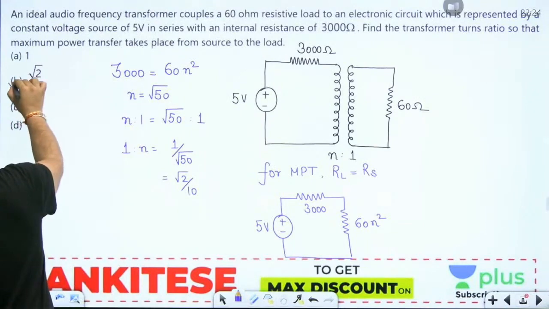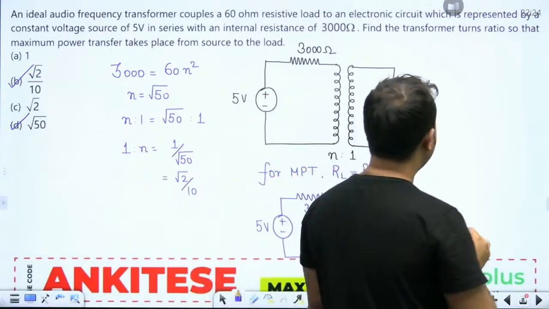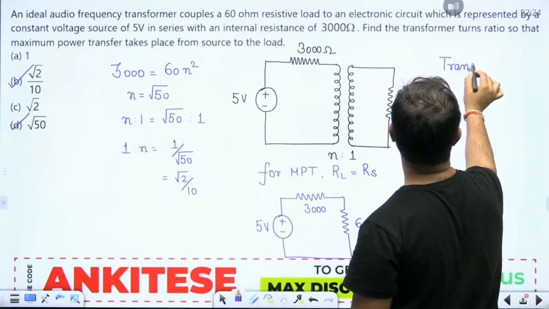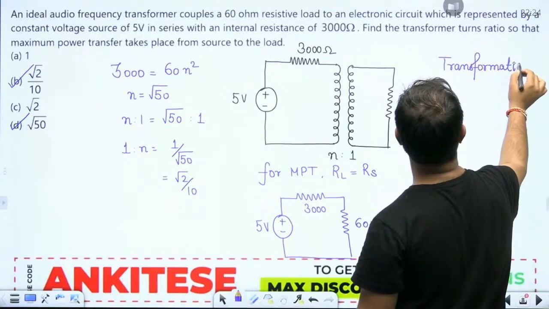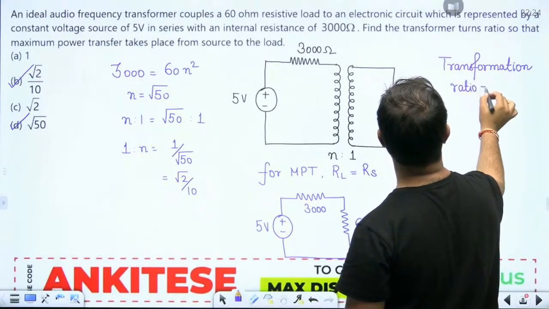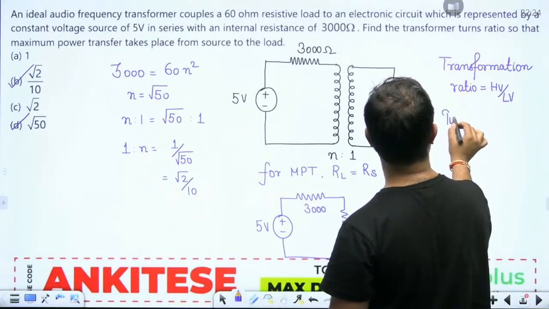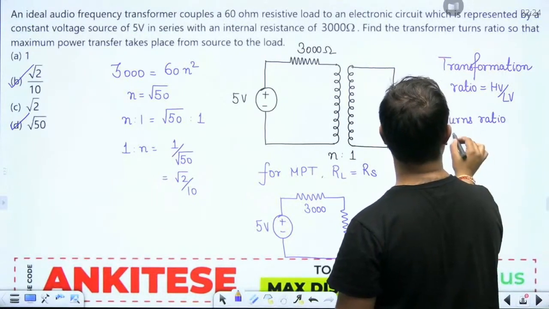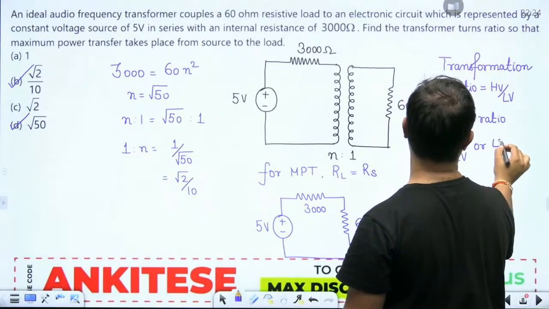So this question can have 2 answers, B and D. Now guys, if it was asking transformation ratio, it is always HV by LV, but this turns ratio can be HV by LV or LV by HV.